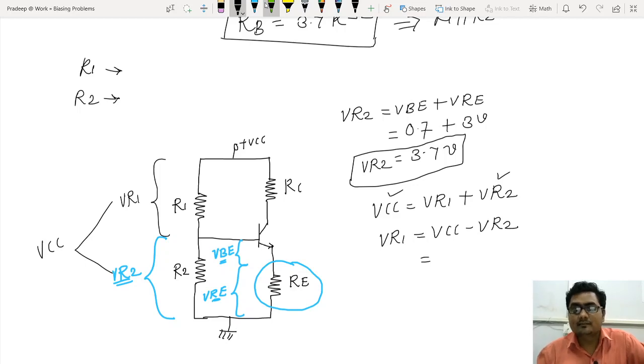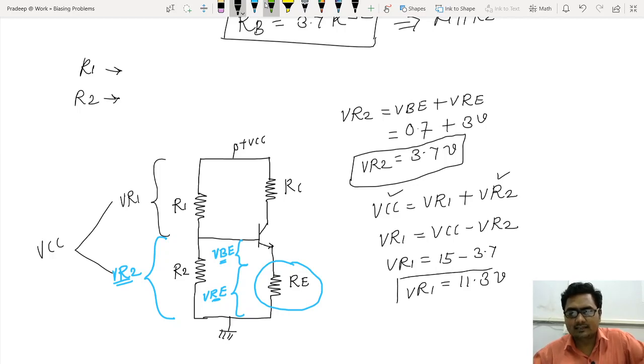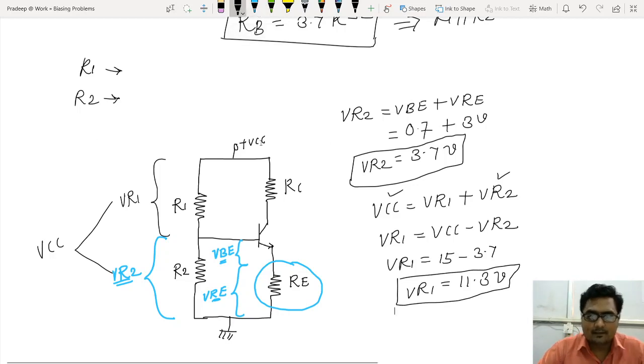How much is VCC given? It is 15 volt. So 15 minus the value of VR2 we calculated, 3.7, so VR1 becomes 11.3 volt.